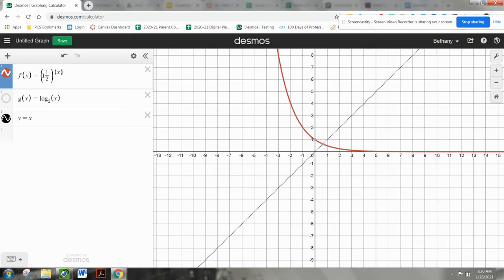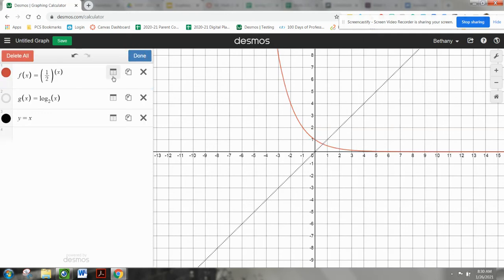Okay. So a few things I notice. This is now a decay, but the domain and range are still the same from my original exponential function. And I'm writing some of these things down, and I'm going to share them with you on the screen in just a minute.